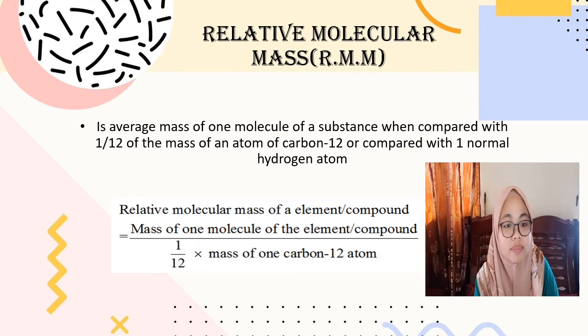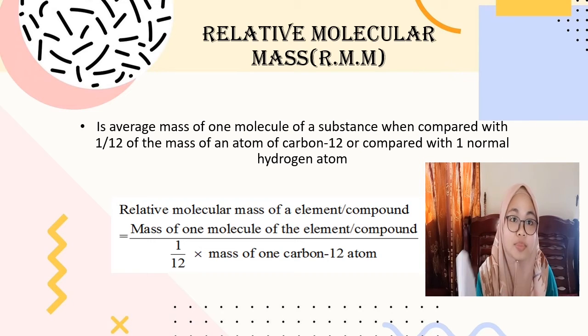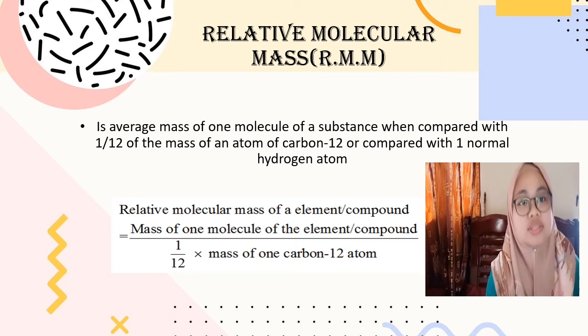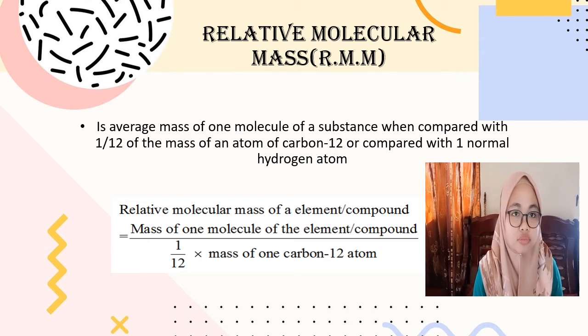You can use the formula for RMM: mass of one molecule of the element or compound divided by 1/12 times the mass of one carbon 12 atom.